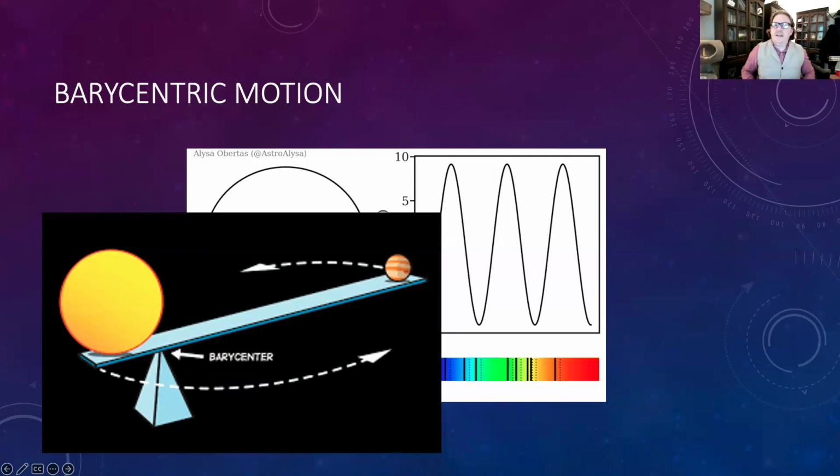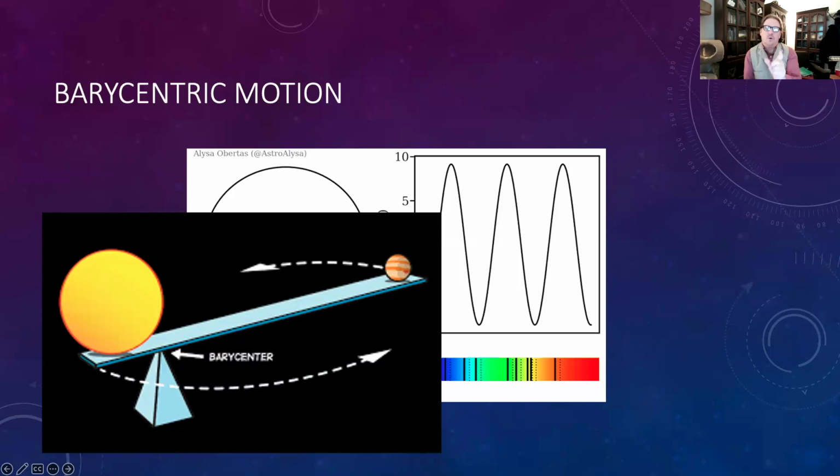But what about this thing I have in the slide called barycentric motion? Well, one of the first ways that the speed of light was measured was because a dude by the name of Romer was looking at the orbital periods of the moons of Jupiter, Io in specific.